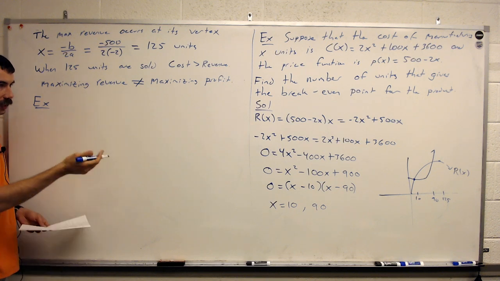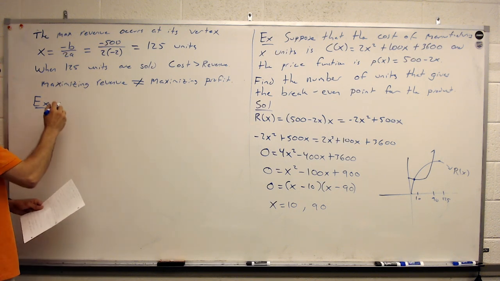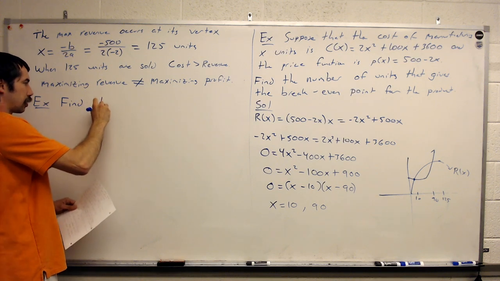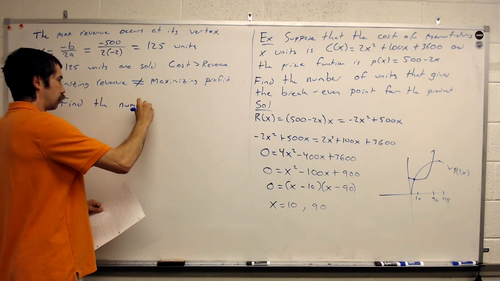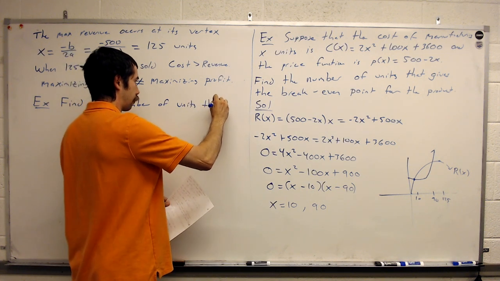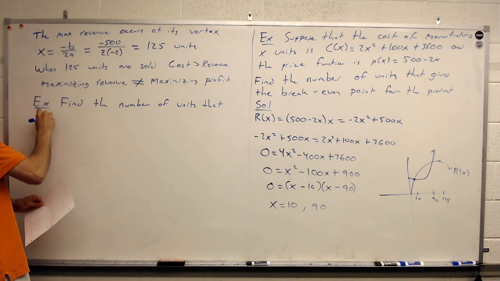So continuing with this example, find the number of units that maximizes profit.